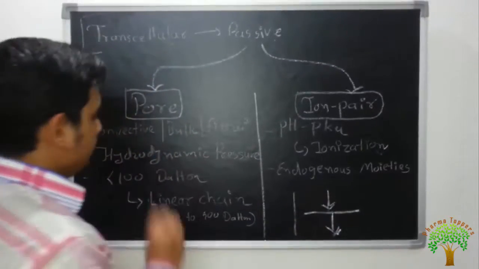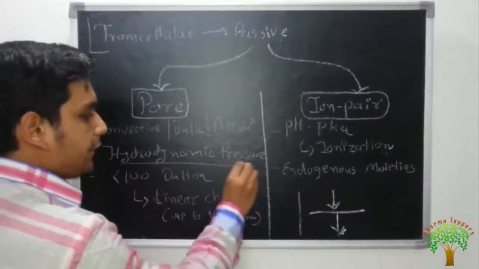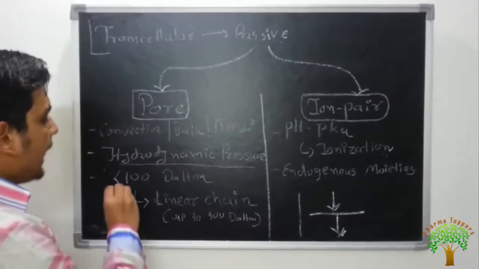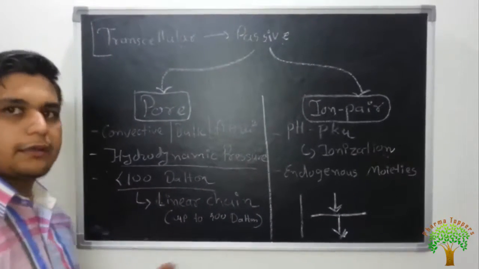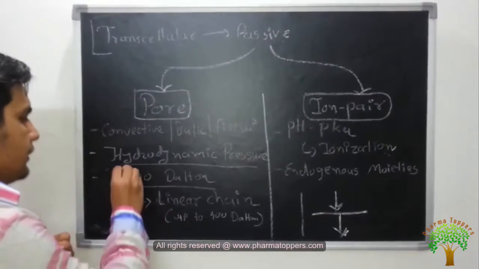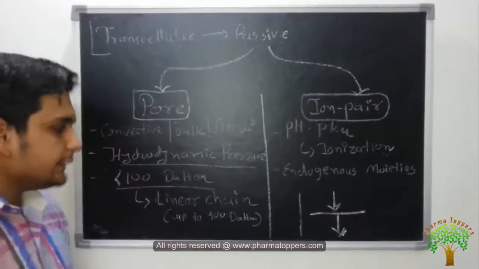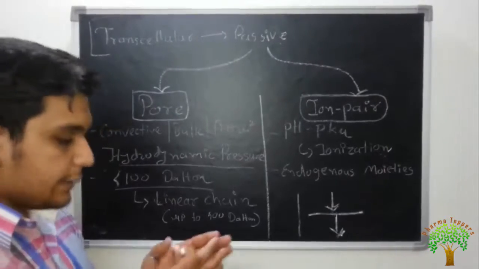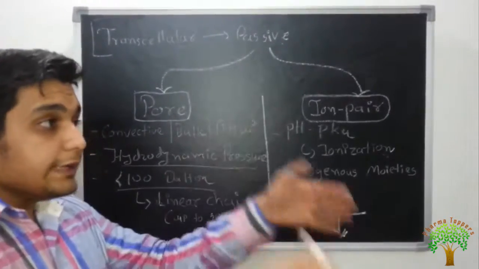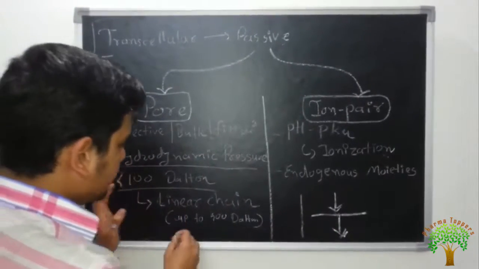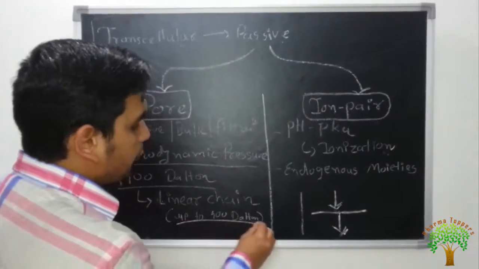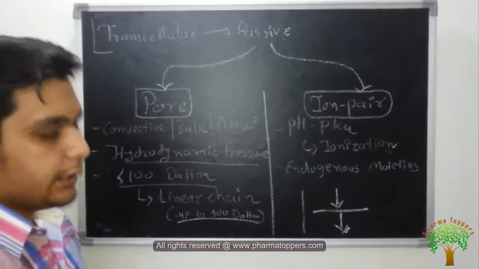So the same thing happens here: due to hydrodynamic pressure, a small molecule having a weight of about 100 Dalton can pass through the membrane. And in certain cases, when the molecule is a linear chain, it can also pass by means of this transport mechanism. However, it has a molecular weight of up to 400 Dalton.